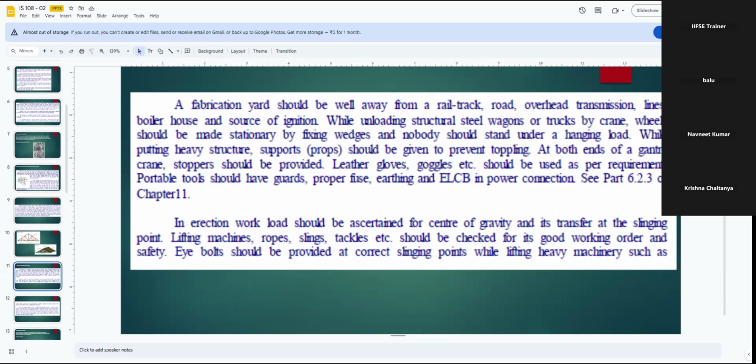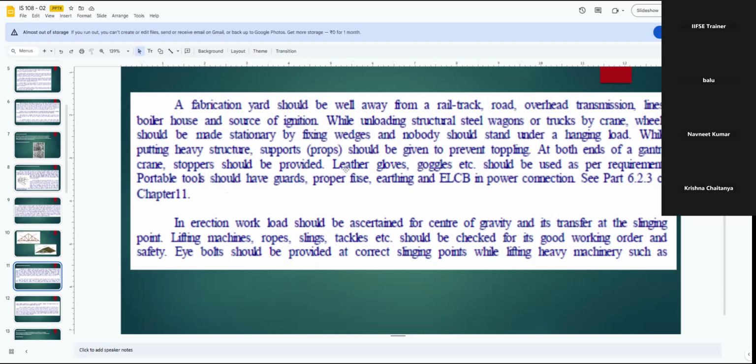There you will make sure that the wheels are stationary. If you are using any heavy cranes, when it is a hydra, you will not have any wedges. It is nothing but the structural supports. And while putting heavy structures, supports or props should be given to prevent toppling at both ends of the gantry crane.